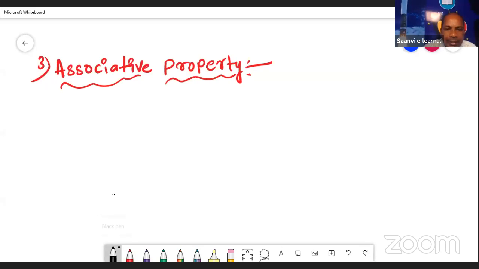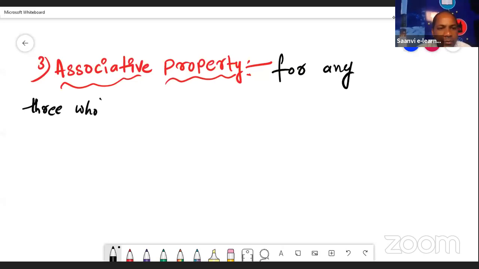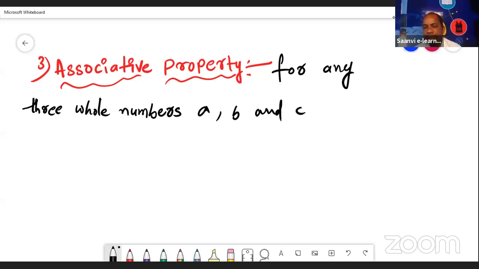So associative property is saying that for any three whole numbers, suppose the three whole numbers I am taking are A, B and C. First of all, we have to add these two whole numbers A and B. And then after that, the third whole number we should add on the left side.